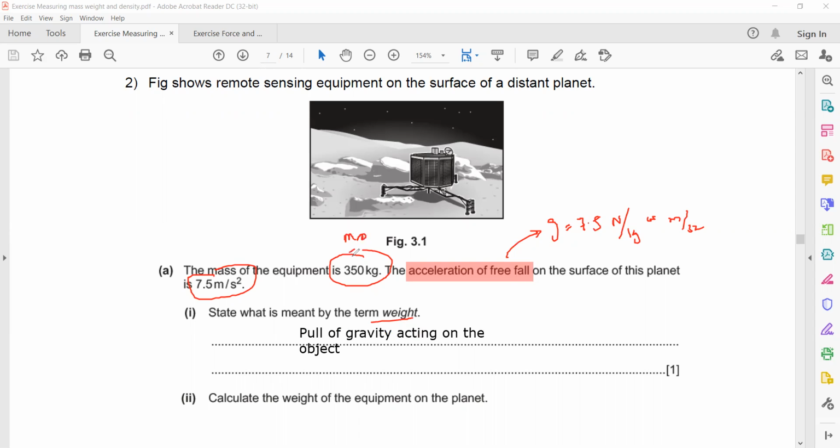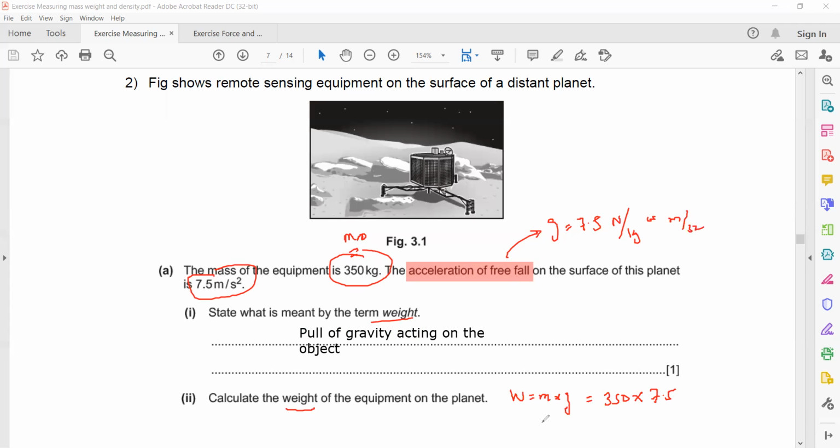So this is the mass of the equipment. We need the weight. The formula which relates the weight and the mass together: weight is equal to mass multiplied by gravity. The mass of the equipment is 350 and the gravity is 7.5. So 350 multiplied by 7.5.